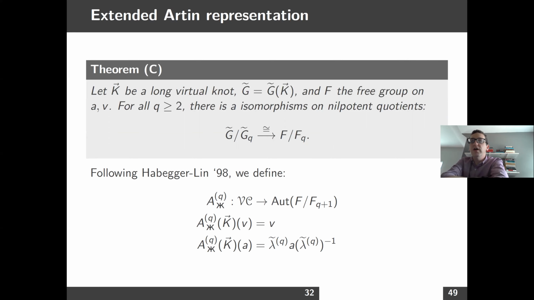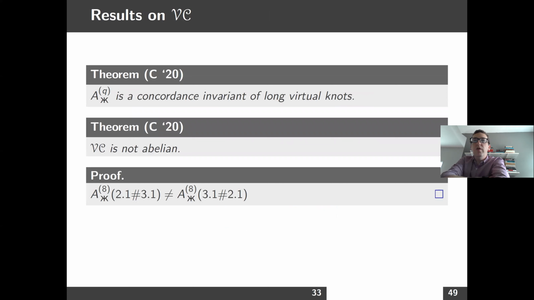Okay, so this turns out to be a concordance invariant of long virtual knots. And so using this, you can show that the long virtual knot concordance group is not abelian. The idea is, you can just actually calculate these concordance invariants in different cases. And so you just show that the value of 2.1 times 3.1 is not the same thing as 3.1 times 2.1.